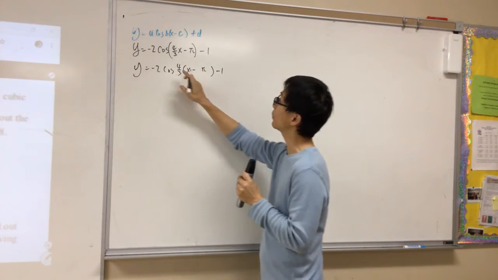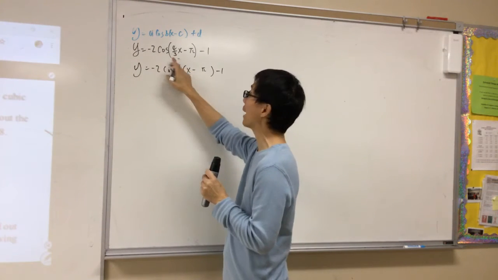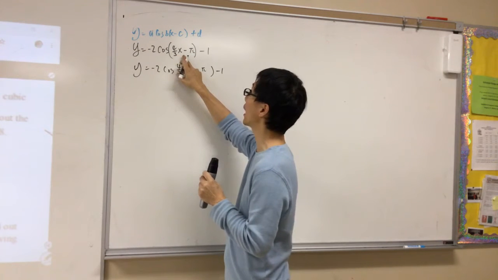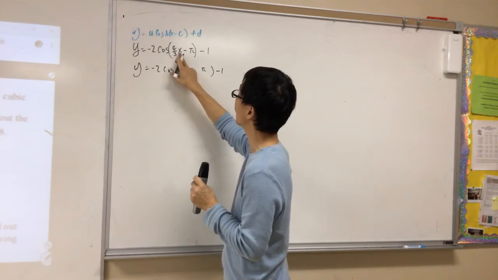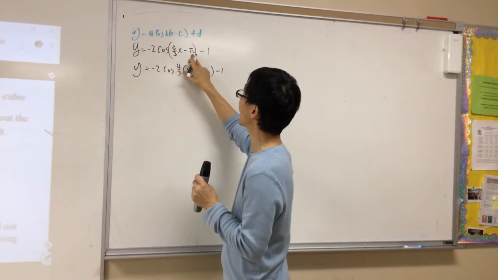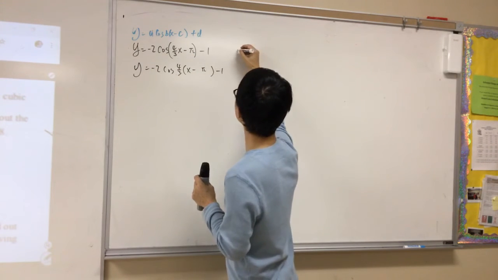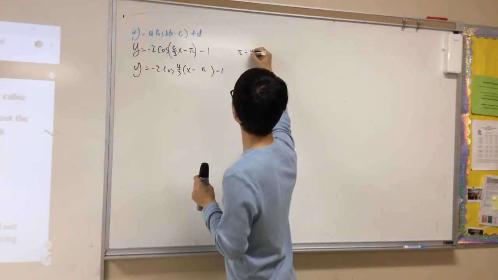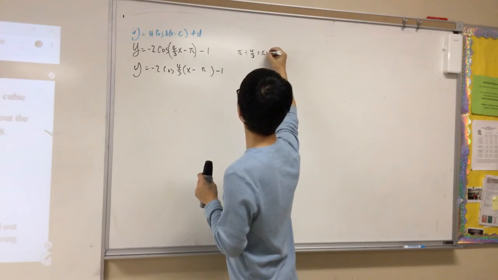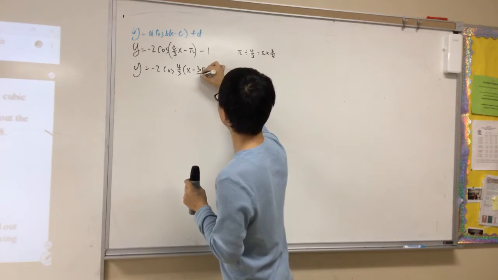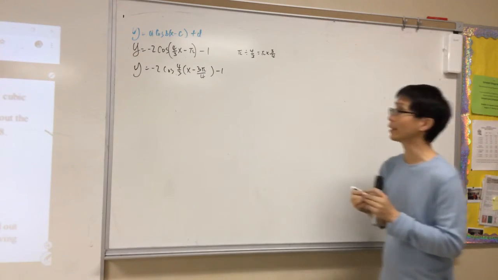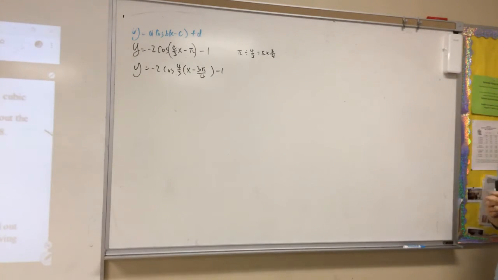If I take out 4 over 3, I'm dividing by 4 over 3 on the x, because that's the only way I can get 1 here. So I'm going to divide this by 4 over 3 as well. What is pi divided by 4 over 3? That's equal to pi times 3 over 4. So therefore it's going to be 3 over 4, and that's the first part that a lot of you guys struggle with.